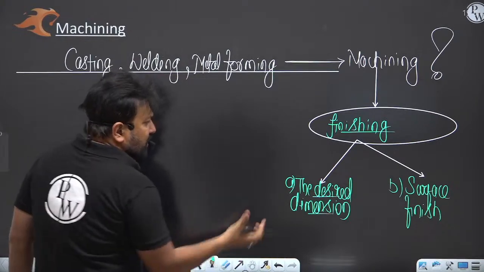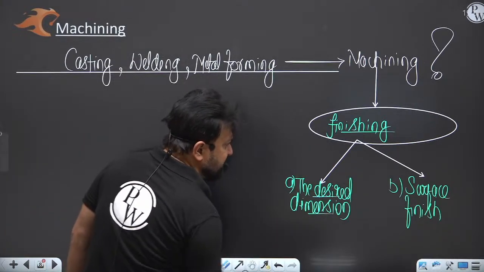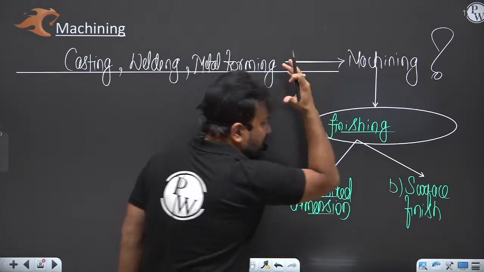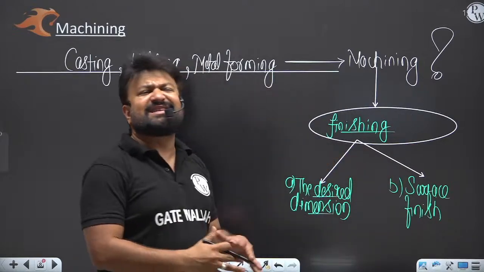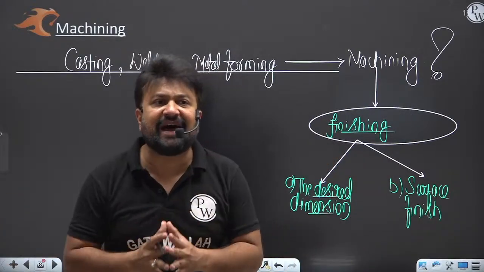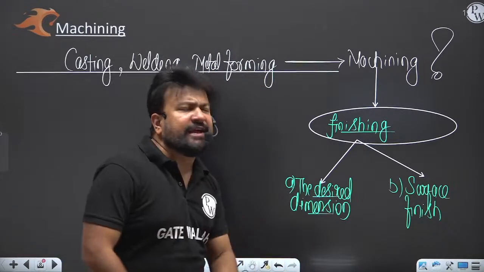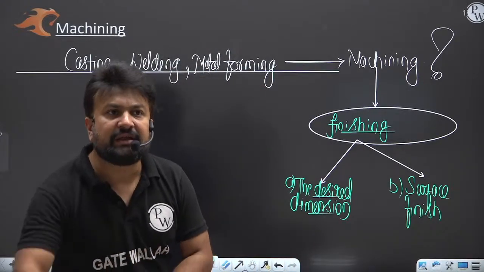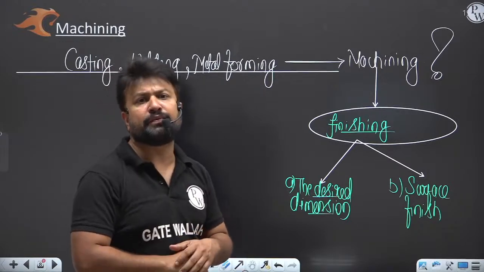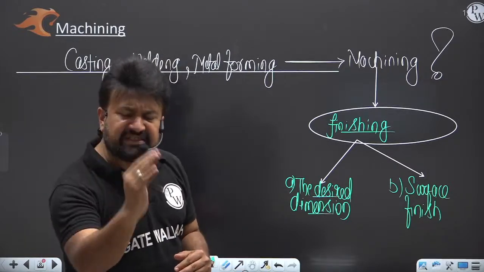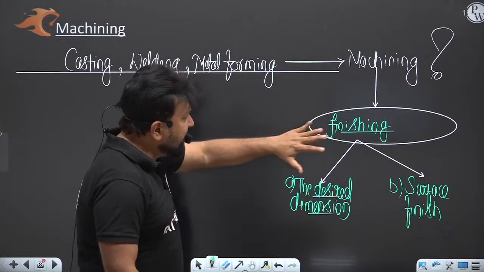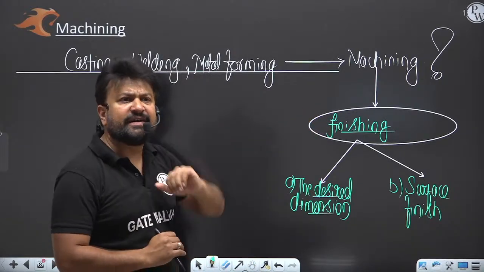You are not getting the desired dimension or the surface finish, so it is clear that you are not doing a finishing operation. Yes or no? Is that point clear?